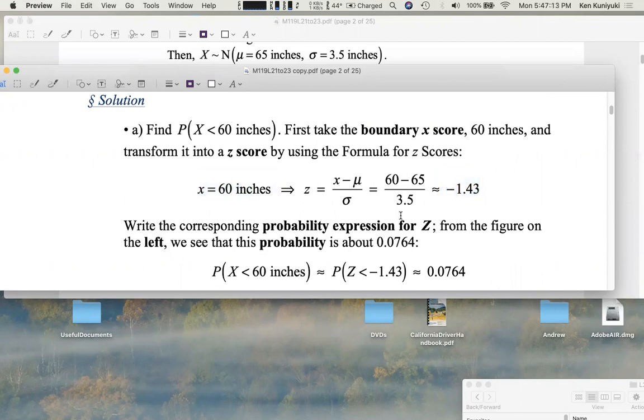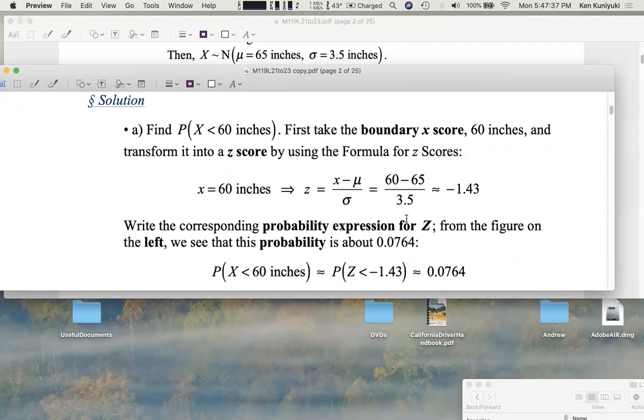How do we get negative 1.43? Well, here's our formula for z-scores. You take the original x-score, subtract off the mean, and divide that difference by sigma, the standard deviation. Our original x-score was 60. The mean is 65. The standard deviation is 3.5. All of these are in inches, so these are compatible units.